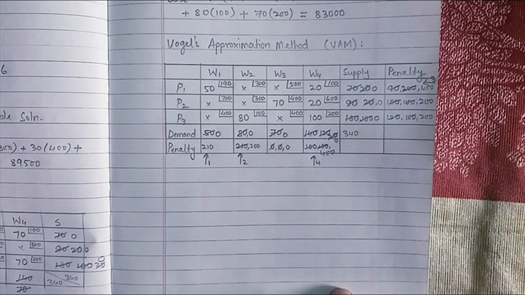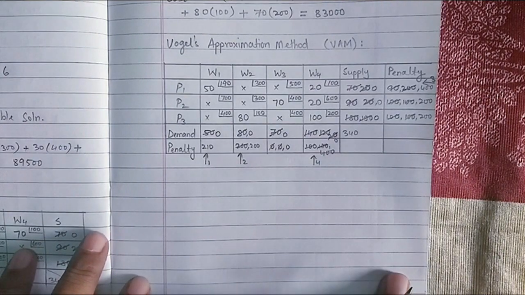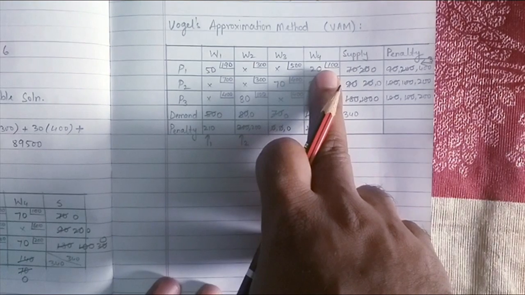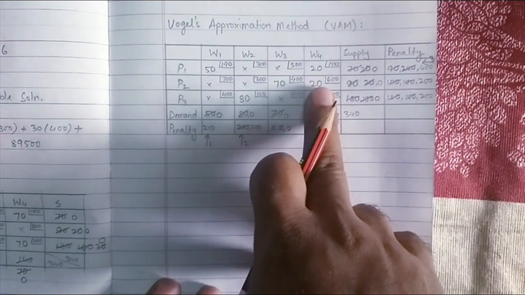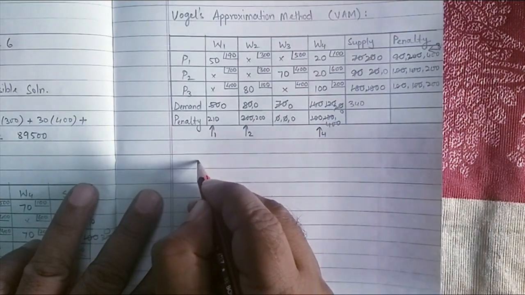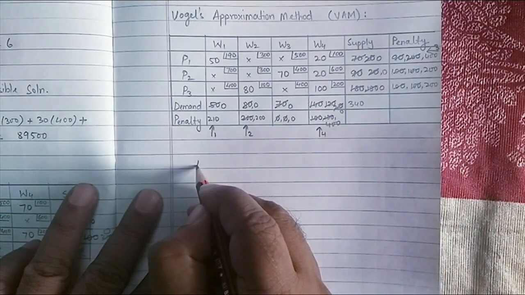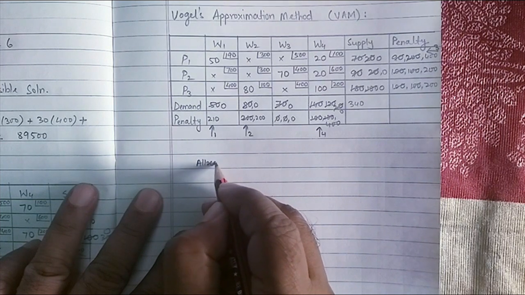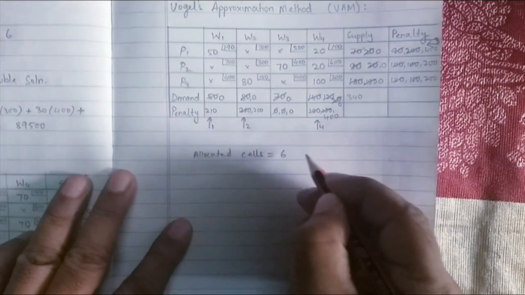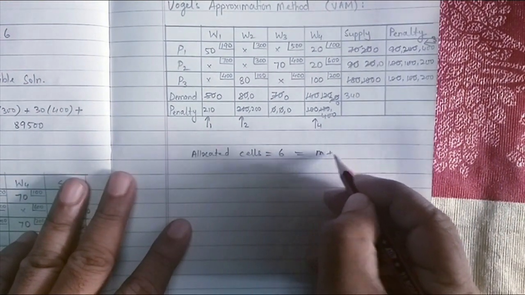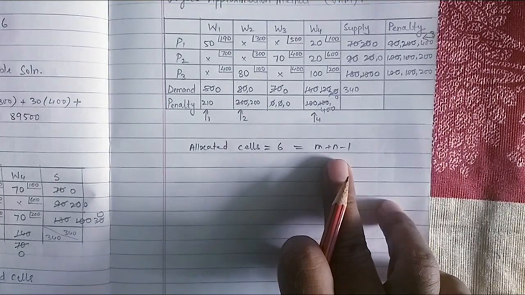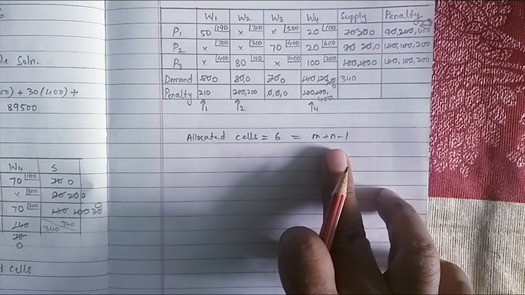This completes all my allocations, and let us count the number of allocations which we have got. 1, 2, 3, 4, 5 and 6. So we have allocated cells equal to 6, which is equal to m plus n minus 1. Okay, that means we have got the initial feasible solution.